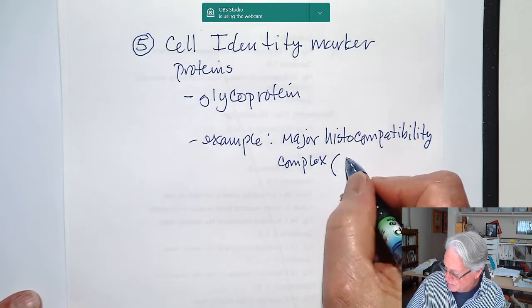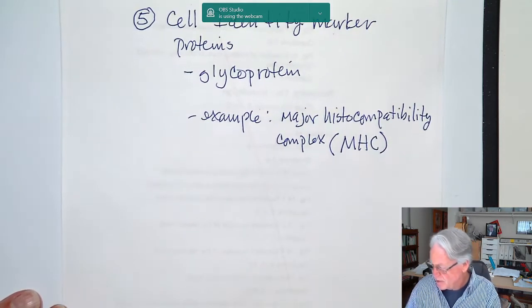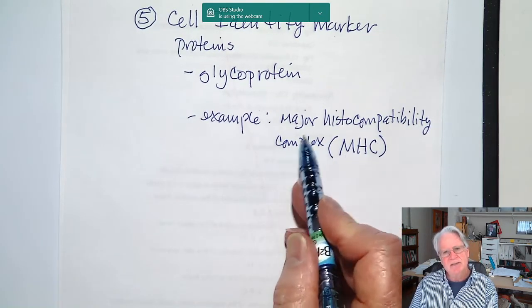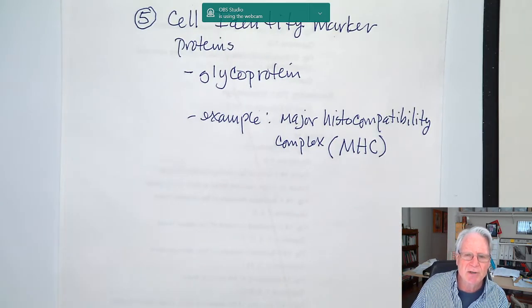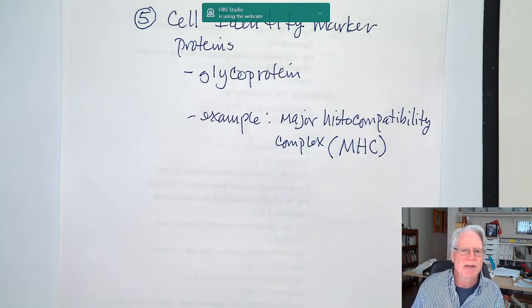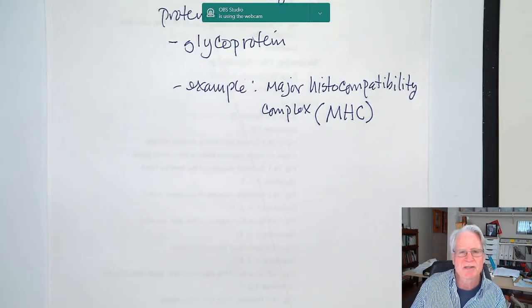This is what comes up when you hear stories about people searching for donors for liver transplants. They're looking at these marker proteins and comparing them to your own. The closer these proteins resemble your own proteins, the better the fit of that foreign liver, or whatever you're getting transplanted, will be. So that's just one example.